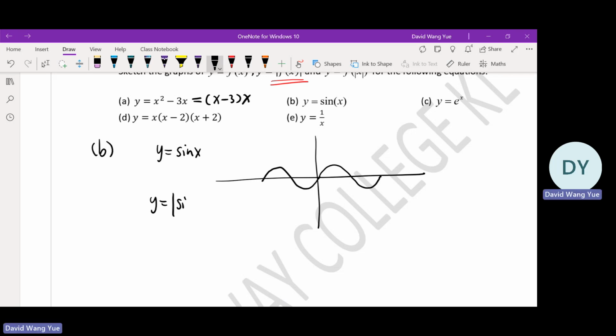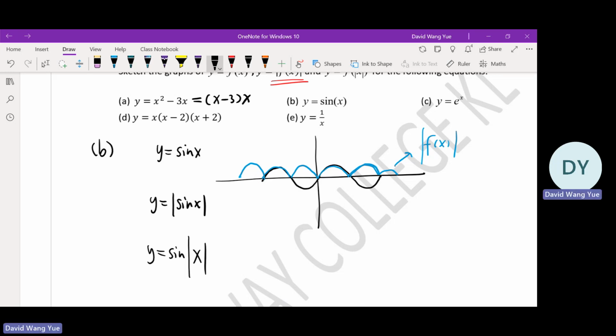If I take the absolute value of sin x, whatever is below becomes above. So that will be the modulus of f(x).